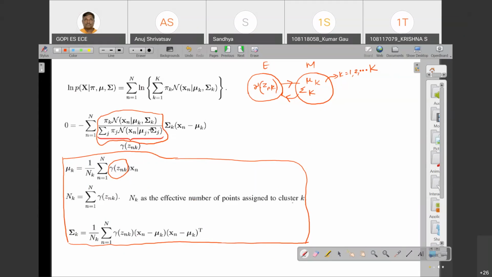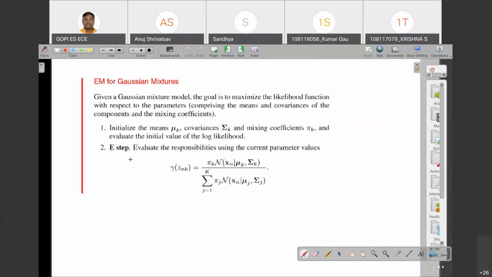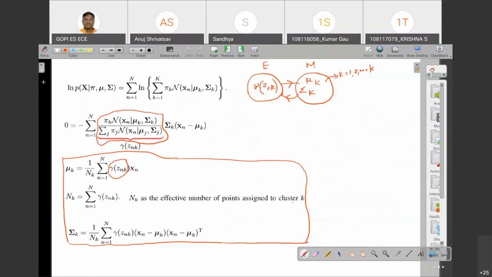So using this gamma, we are getting this mu k and sigma k, and you have an expression for that gamma. You see that because I gave the definition here itself. So this gamma depends on mu k and sigma k here.